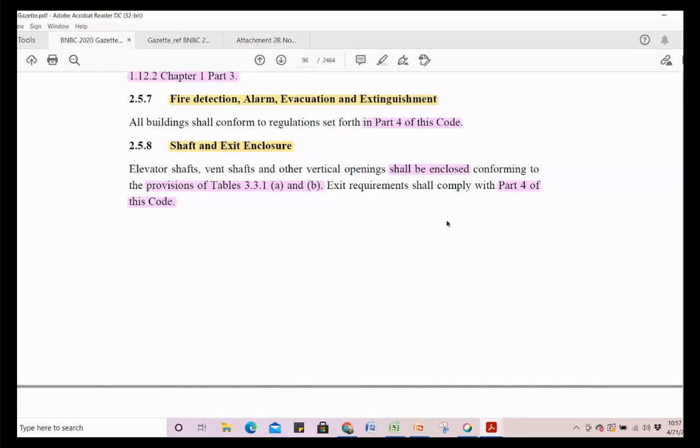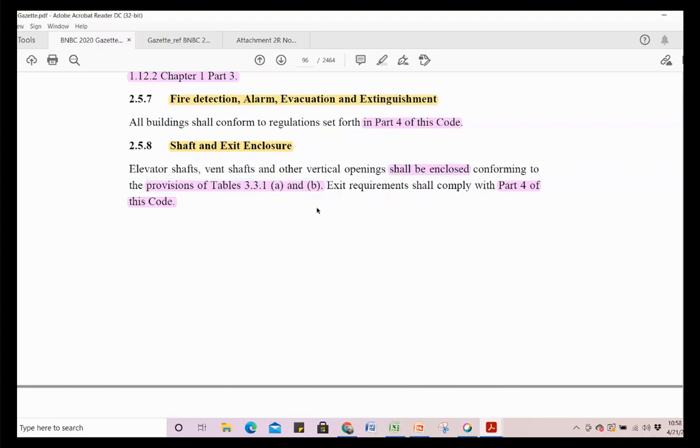Shaft and exit enclosure. Shafts, meaning any vertical elevator shaft, vent shaft, or vertical opening shaft, shall be enclosed. It cannot be open, so it has to be enclosed, conforming to provisions of table 3.3.1a and b.